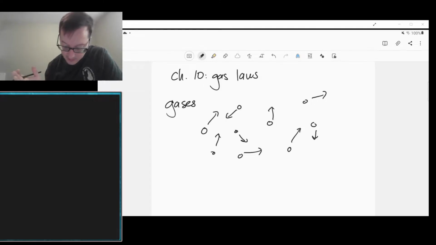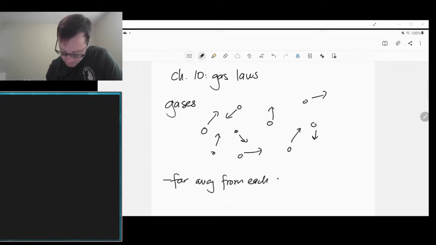And so we can describe it by looking at a particle of gas. They happen to be far away from each other, so that's one thing that we know, which we can say in terms of properties makes it not dense.